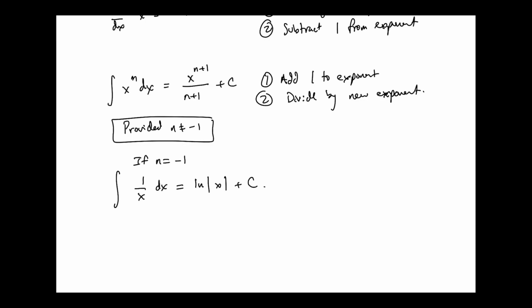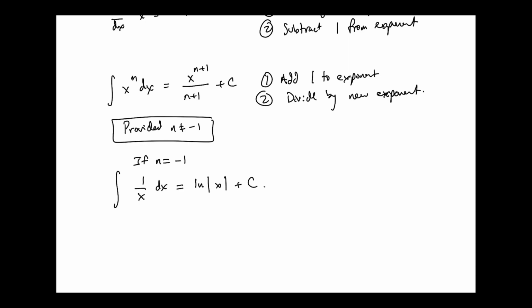There are technical reasons why we need it, and maybe later we'll talk about why it needs to be there. But anyway, the derivative of natural log is 1 over x, right? So what's the antiderivative of 1 over x? The natural log.